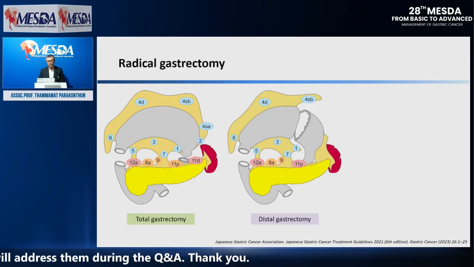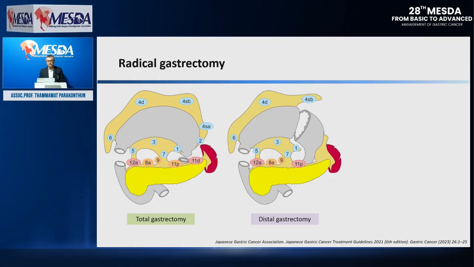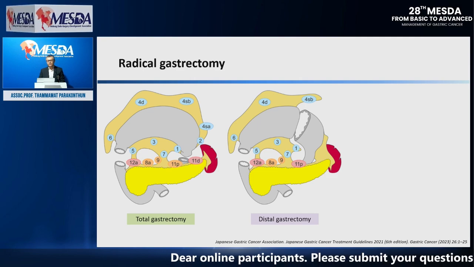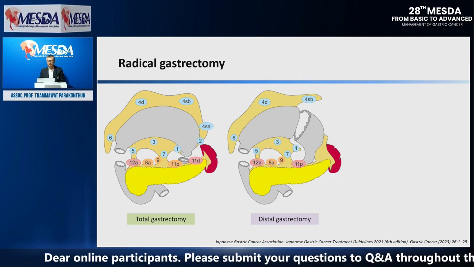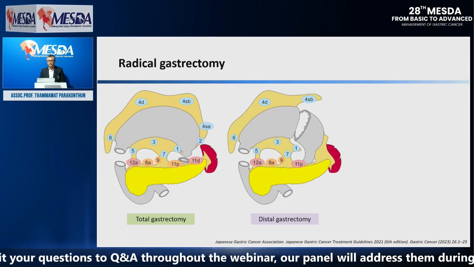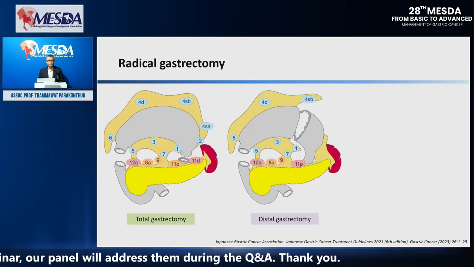Currently, we perform our surgery according to these guidelines. The standard gastrectomy is separated into total gastrectomy and distal gastrectomy. We remove the perigastric lymph nodes, in blue, for early gastric cancer.